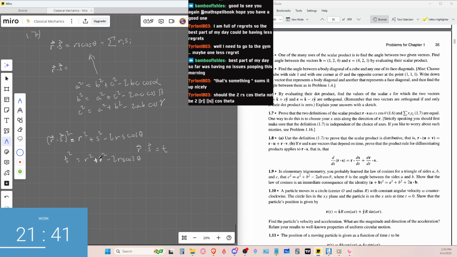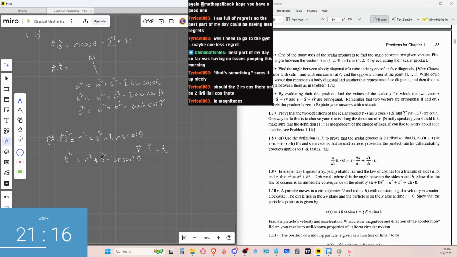Okay. To find this type of question in a physics book, I'm like, dang. How do we get started with this?